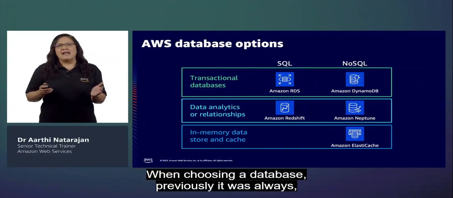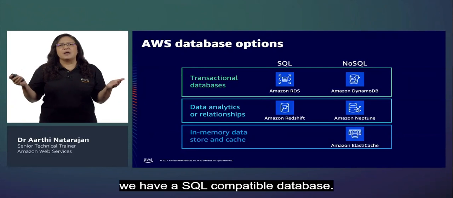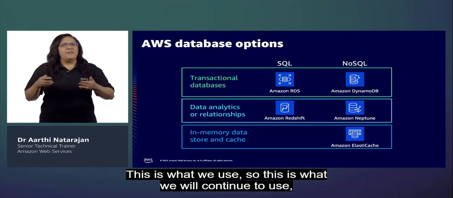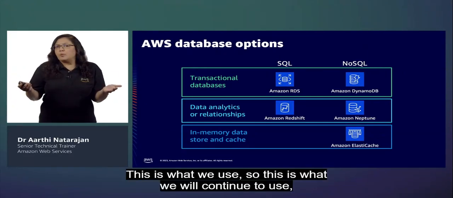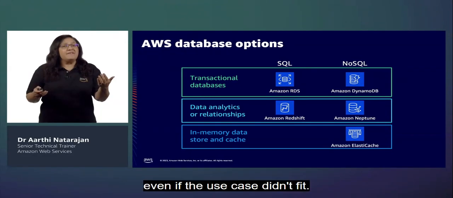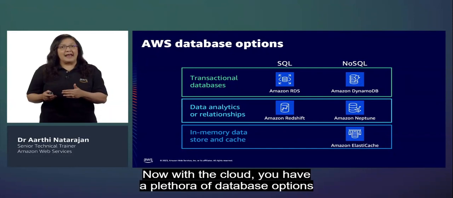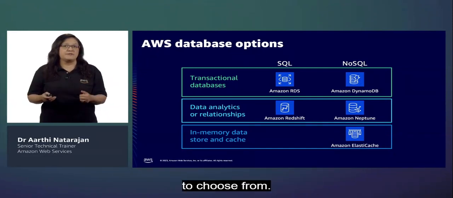When choosing a database, previously it was always, we have a SQL-compatible database. This is what we use, so this is what we will continue to use, even if the use case didn't fit. Now with the cloud, you have a plethora of database options to choose from.